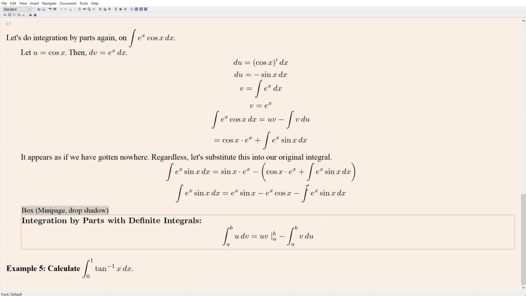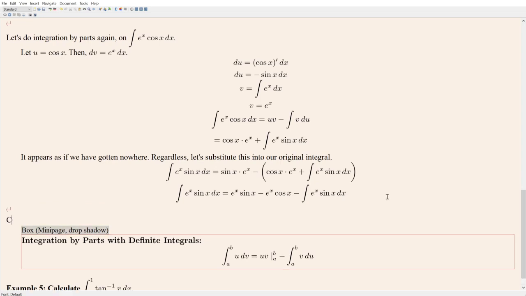But wait a second. Why don't I just take this e to the x sine x and add it to the other side? Why not, right? I mean, they're exactly the same, so let's just combine like terms.